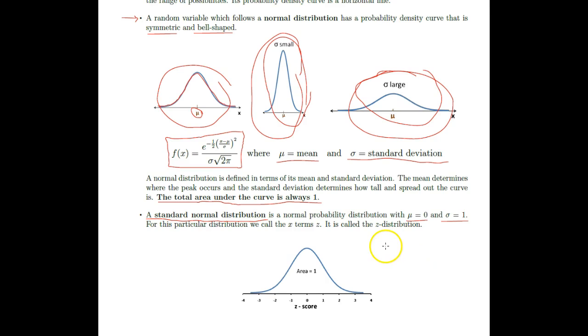For instance, if you have a score that is equal to the mean, it's going to have a z-score of 0. So the mean will have a z-score of 0, and the standard deviation is going to be 1, which is also going to represent z-scores.